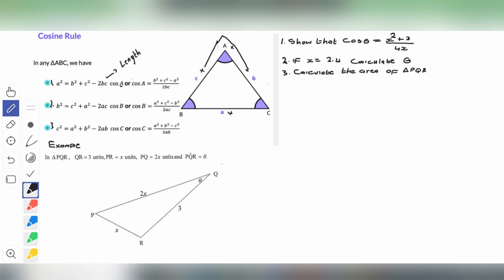Now let's go to the second equation of B squared. If you can check, B squared is given by B squared is equals to C squared plus A squared minus 2AC cosine of B, right?